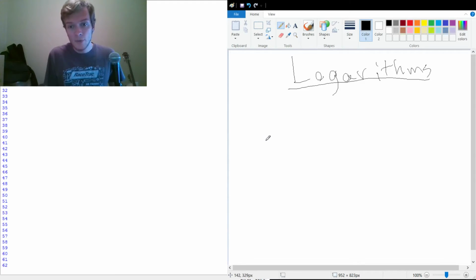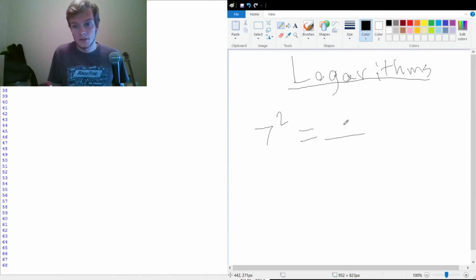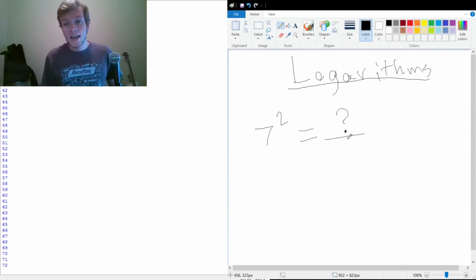If we have a problem with some number, say 7 to the 2 equals what? This is a pretty simple math problem. We have a number, we're squaring it or putting it to the power of 2, and we want to know what the answer is. Most people can square numbers, or it's easy on a calculator.